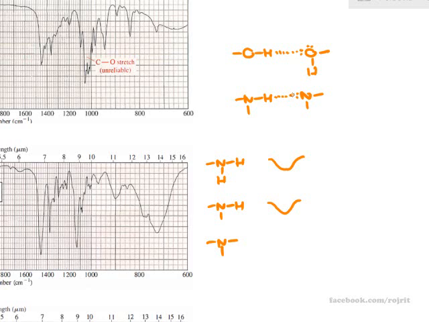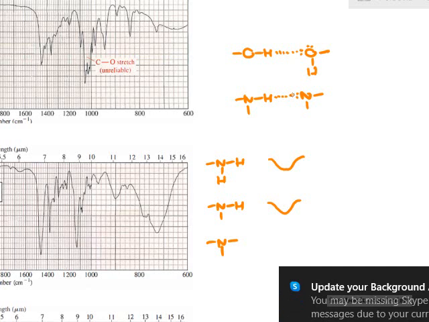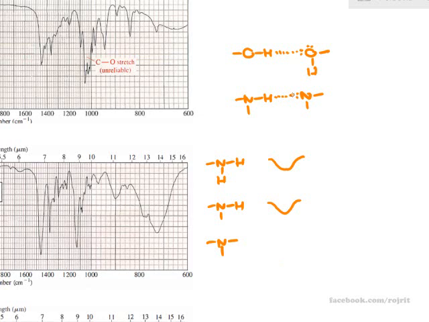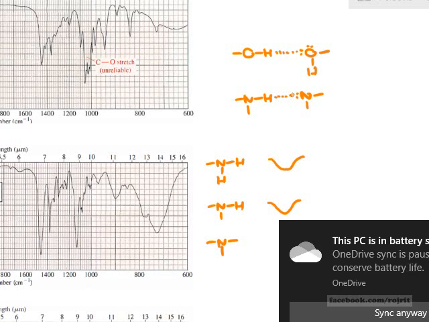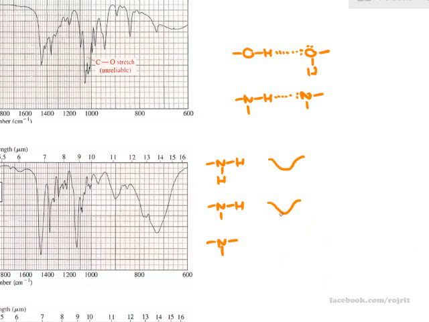But for NH, maybe just 50-60% of the molecules are hydrogen bonding. So there will be free NH groups without hydrogen bonding, and these appear as a sharp peak. So for NH, you will have a spike in the peak as well, corresponding to the non-hydrogen-bonding environment of NH.